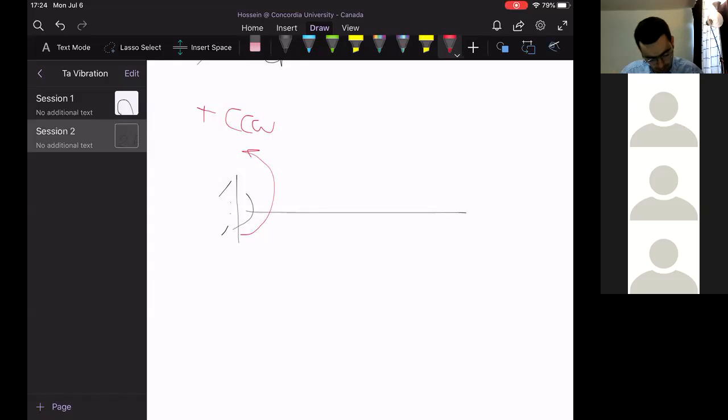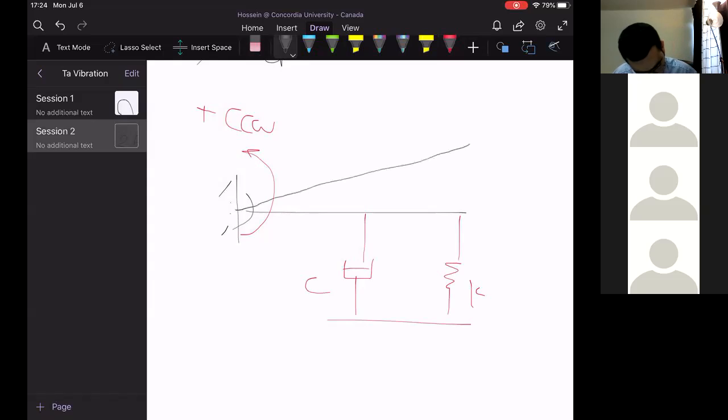So if I rotate this link by an angle theta, this point x1 will go to this point x2, right?